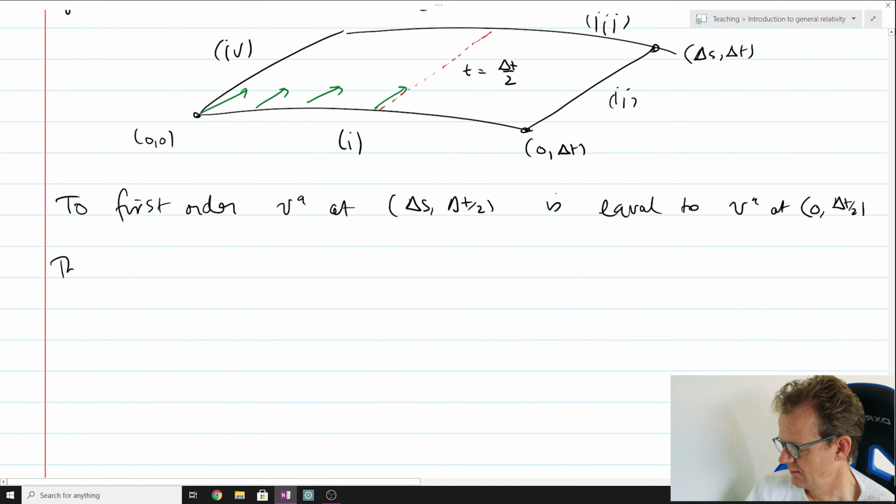So the only quantity that does change along the red dotted curve is T^B δ_B ω_A.